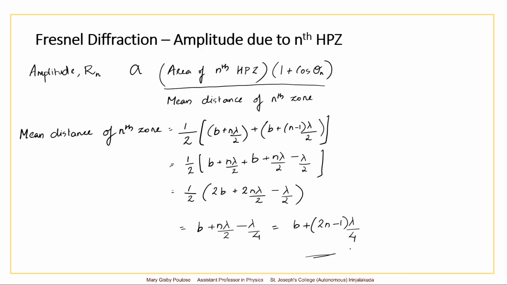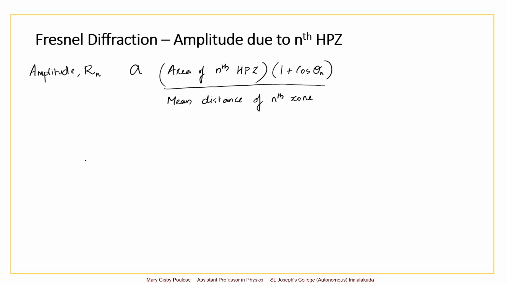Next, let us calculate the area of the nth zone without taking any approximations. The area of the nth half period zone is obtained as pi of OMn square minus pi of OMn minus 1 square.